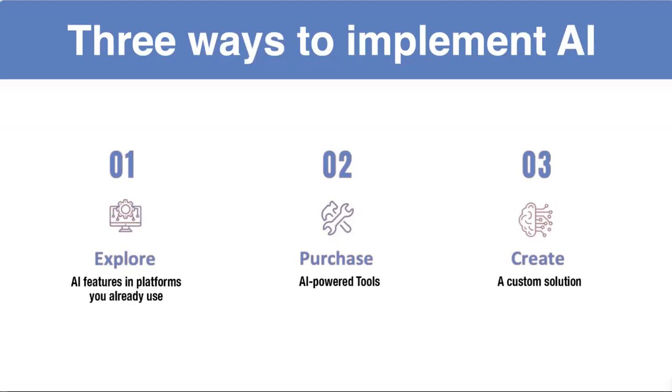And then number 2 is to purchase AI powered tools that work for the need that you have. And then the third thing is to create a custom solution. And that's obviously going to be the more expensive route.